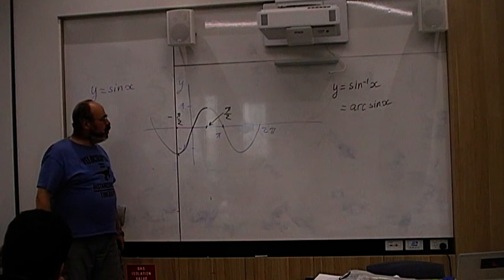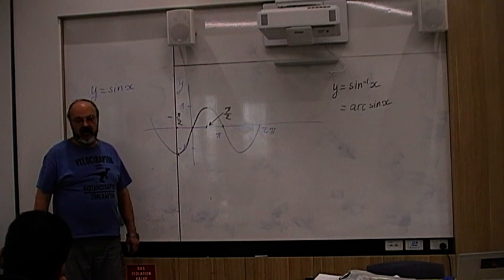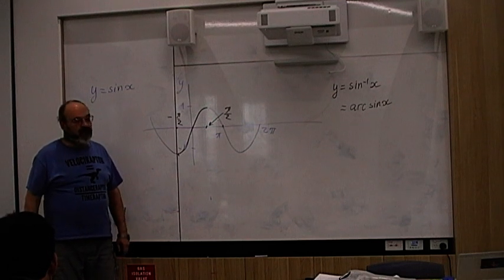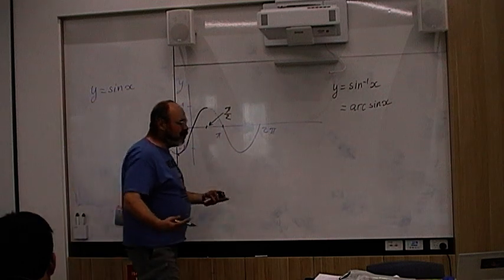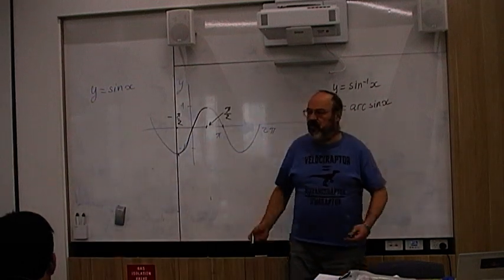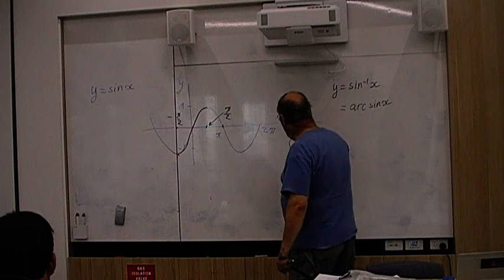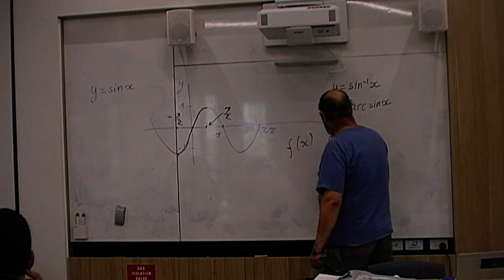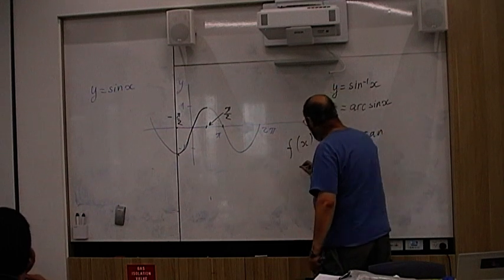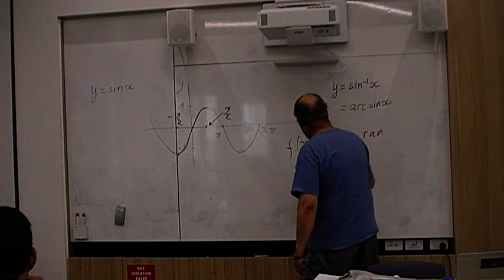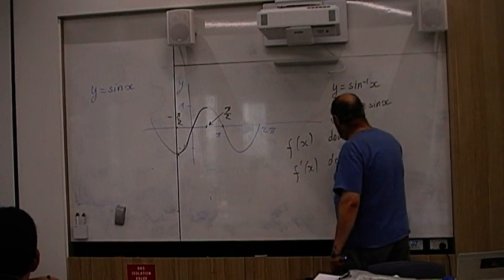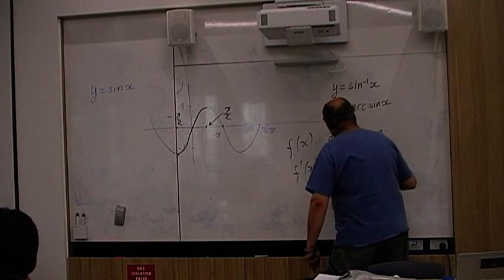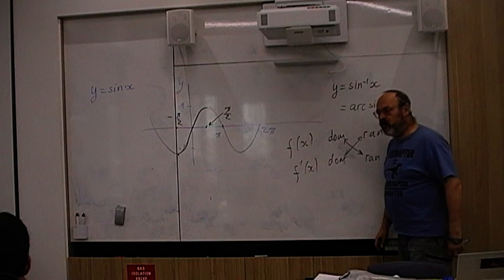And then we can sketch the graph of the inverse function and define its domain and range. So what is the relationship between the domain and range of the function and inverse function? They are opposite. If we have f of x, it has some domain and some range, and f negative 1 of x has a domain equal to the range of the original and a range equal to the domain of the original. They swap.